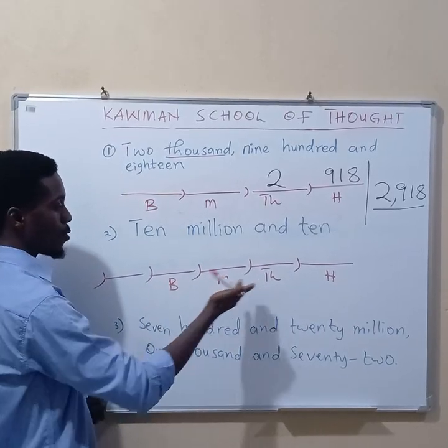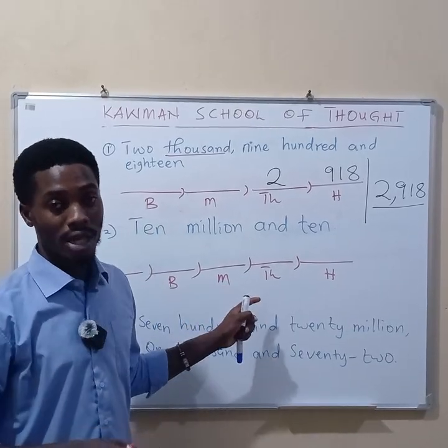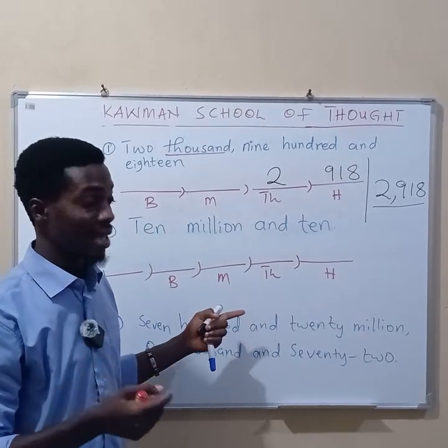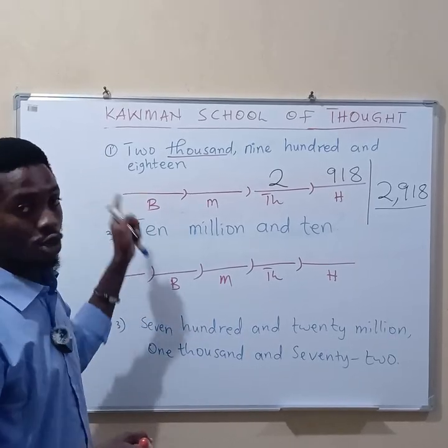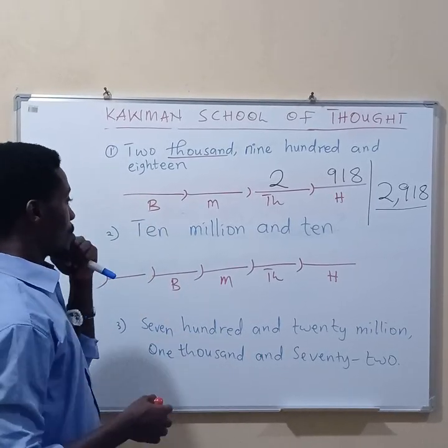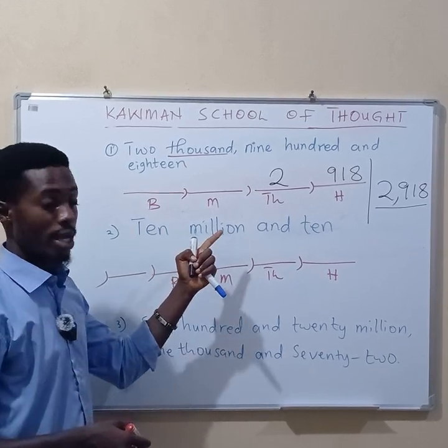Now if you are really confused about this, you can check out my previous videos on place and place value charts. It's something I did in the other episodes, so I hope you follow that one to be able to understand this. So 10 million, meaning you are starting at the million column.